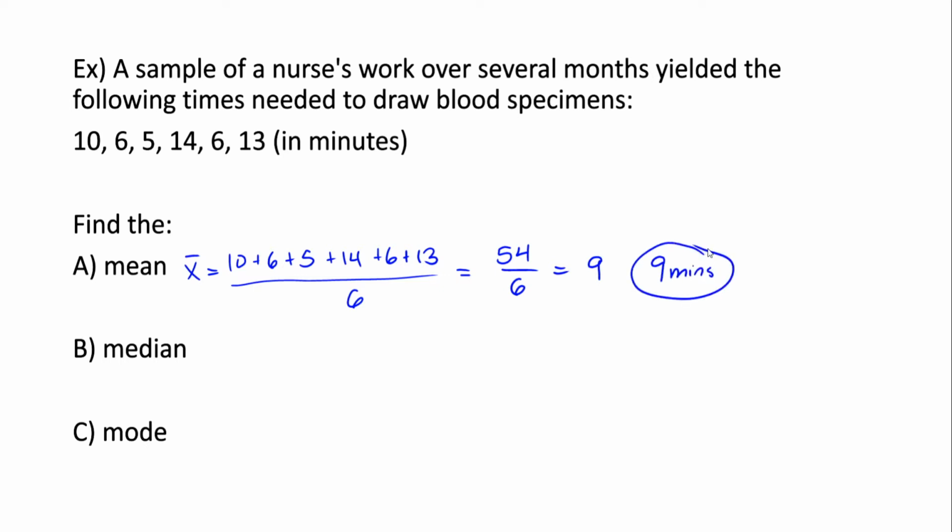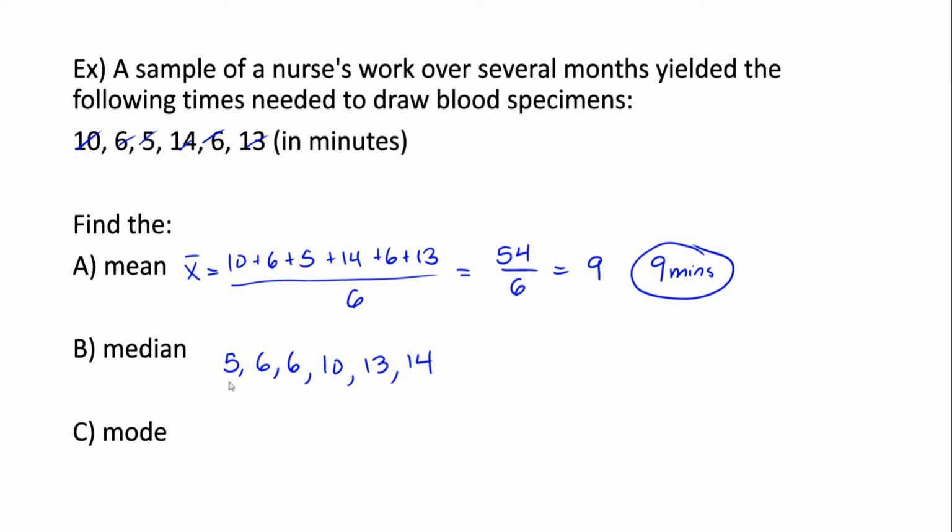Next, we want to find the median. In order to do this, we need to rearrange all of our data from smallest to largest. So we have 5, 6, 6, 10, 13, and then 14.